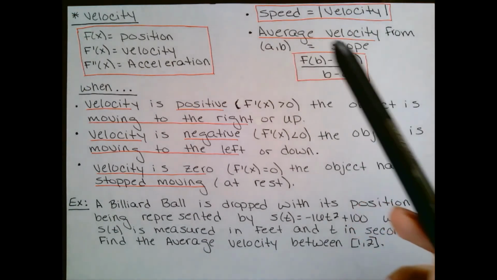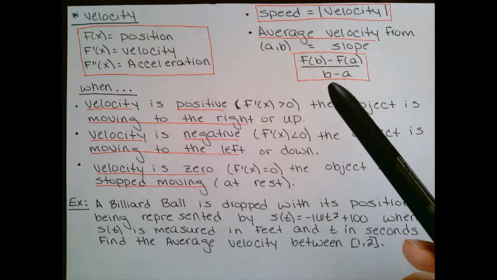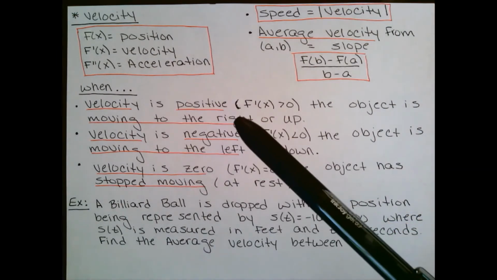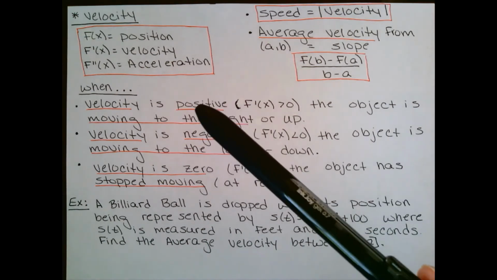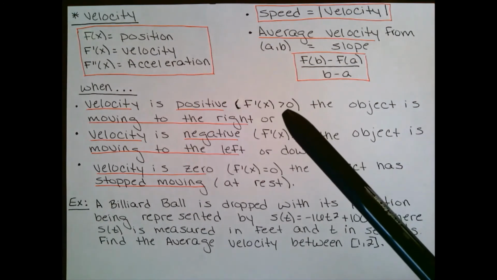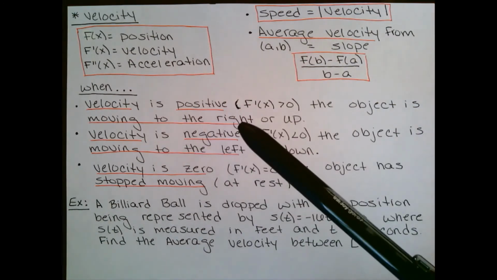And then average velocity, remember we said that the word average just means to go straight to slope. Now, if they ever want you to solve for when velocity is positive, meaning the first derivative being greater than 0, they'll ask when is the object moving to the right or upward.